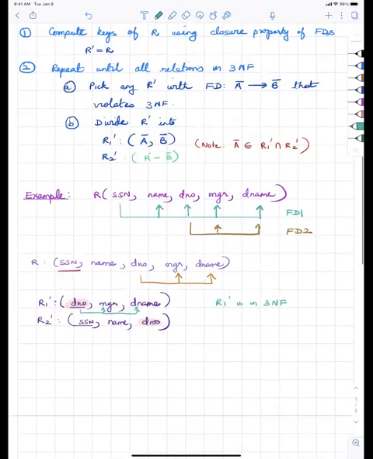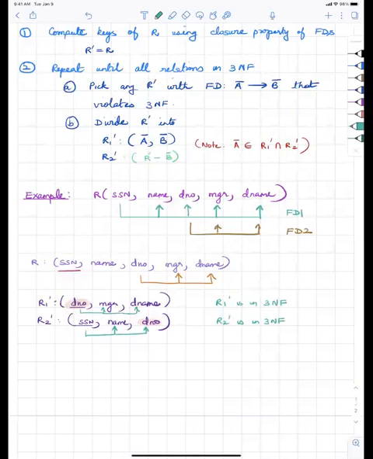Then you look at R2 dash, and R2 dash only has one functional dependency: SSN determines name and D number. Again, SSN is the key for R2 dash. So R1 dash is in third normal form, and R2 dash also is in third normal form.